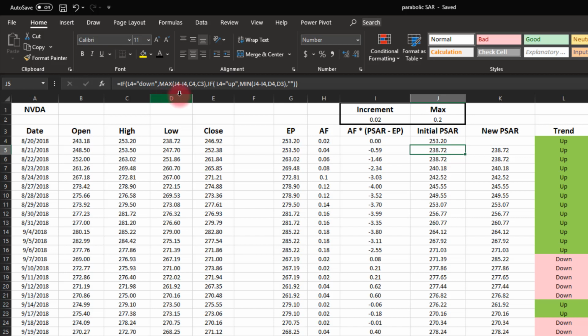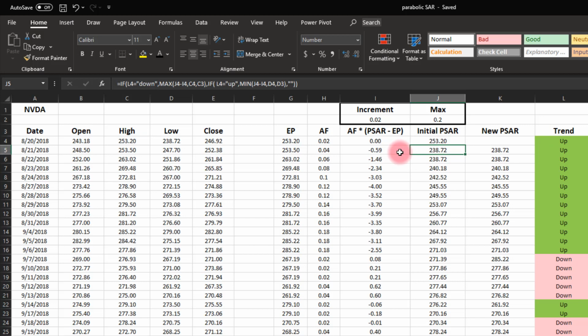We're going to look at J4 minus I4, which is the previous initial PSAR minus the increment, or we're going to take C4, which was the previous high right there, or we're going to take C3, which is the previous high of that. Now in this case there isn't a value there, but as this formula gets copied down, it's always going to compare this high to the periods before. So that's what's going to happen if the trend is down.